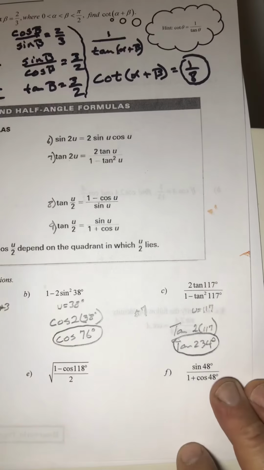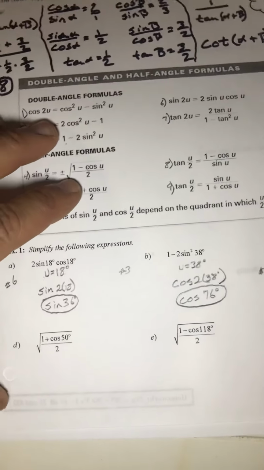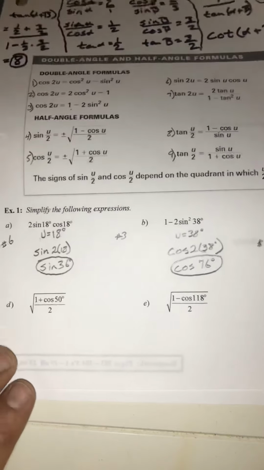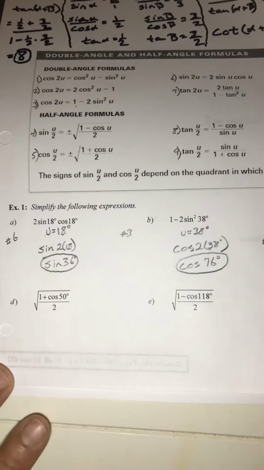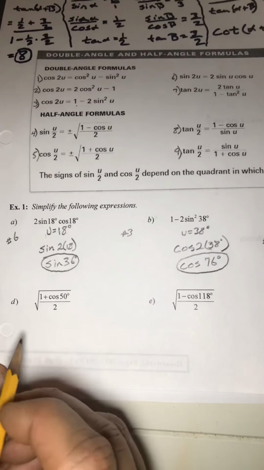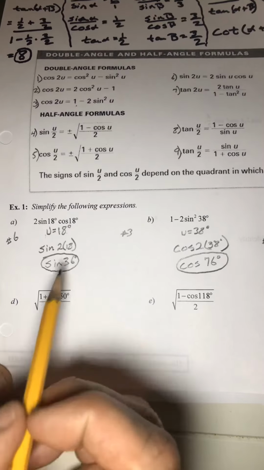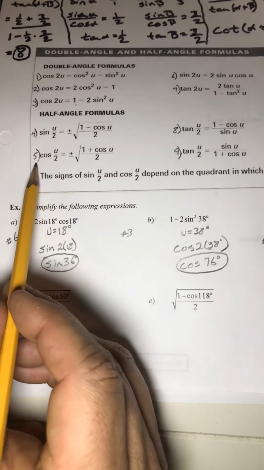Okay, so we used a couple of double angle formulas, and I believe this one is going to be a half angle formula. If you're looking for something with a plus or minus symbol in it, well, I think you'll see it in number 5.